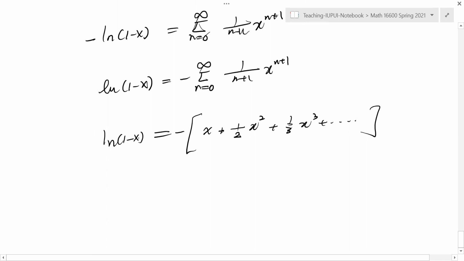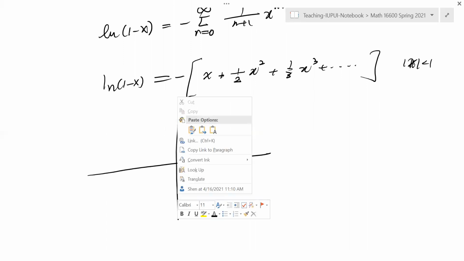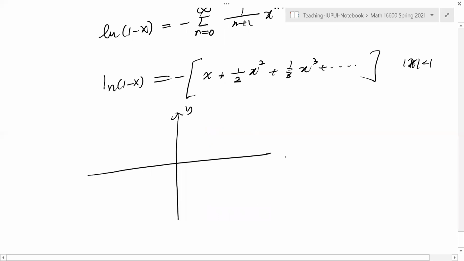And this holds for x less than 1, because when x equals 1, the natural log of 0 is undefined. How does it look here? This is the y-axis, this is the x-axis. X is between negative 1 and 1.